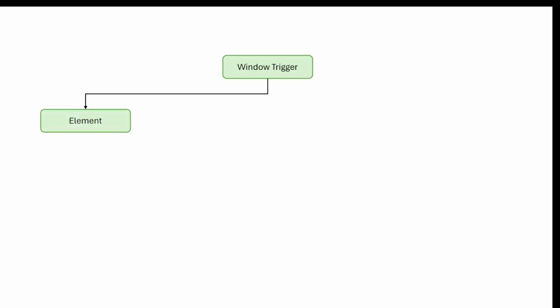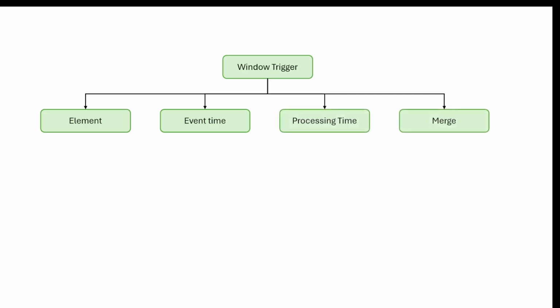A window trigger has basically four components: element, event time, processing time, and merge. The trigger is what determines whether the window formed by the window assigner is ready to be processed by the window function that we have created or not. So based on these semantics, it will decide when to start processing the window.